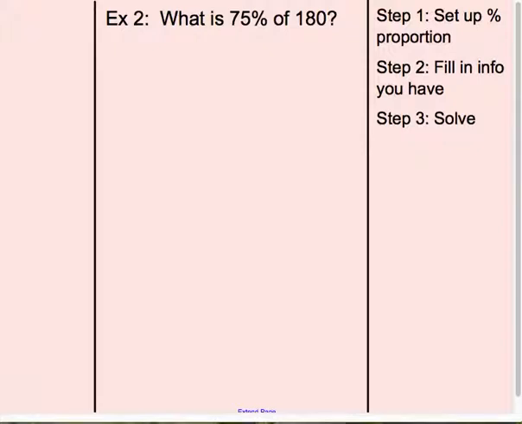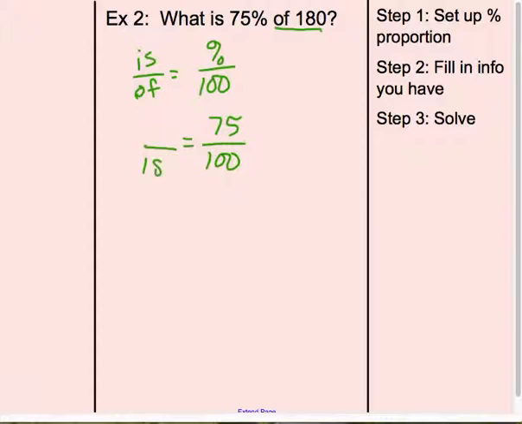Next example, same steps, we're going to set up our percent proportion. Is over of equals percent out of 100. Fill in the information you have. We have the percent, 75%, so 75 out of 100. Of 180, and then is what we don't know, so I'm just going to call that A. So we can use any variable we want.